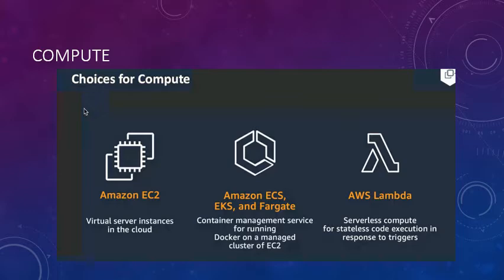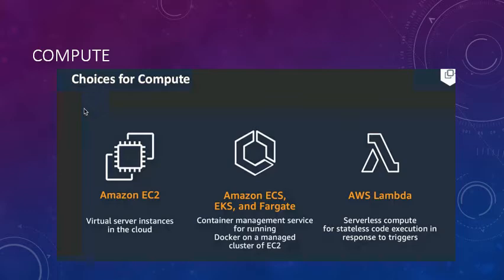Kubernetes is also a fairly common way of managing containers in the industry generally. For example, this is Amazon EKS, but in Azure they have AKS, which is Azure Kubernetes Service, and Google has their own Kubernetes as well. Kubernetes is quite common, and you're probably going to see more and more of Kubernetes and less of Docker and the container management service.